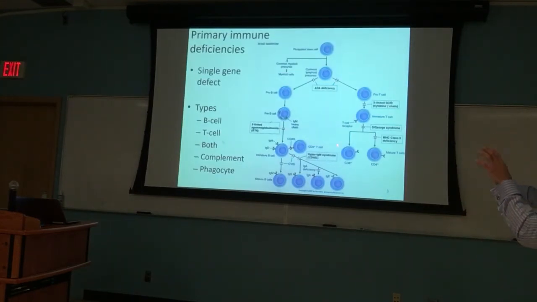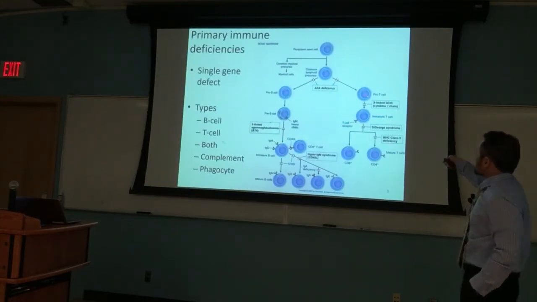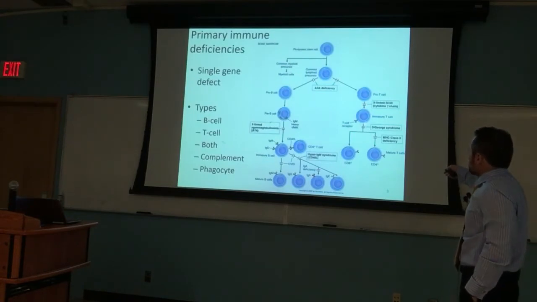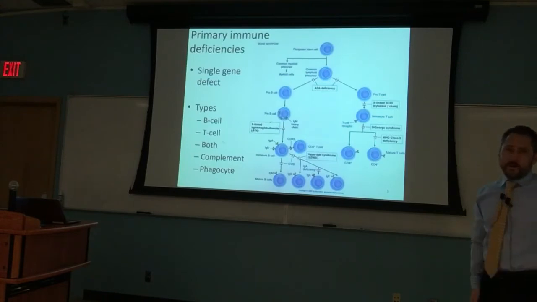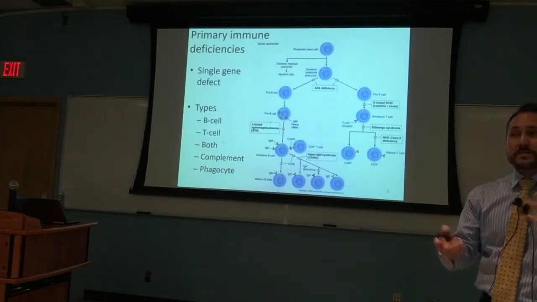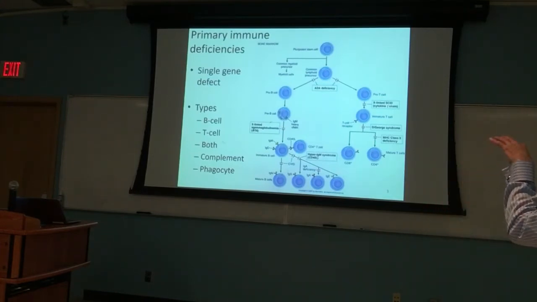This picture doesn't show the thymus, but this is where the thymus would be. Actually, no, this whole thing would be thymus. Pro-T cell, immature T cell, and it gives rise to either a CD8 or a CD4. So we know all this. So at first glance, it looked really scary, but now you know pretty much everything on the screen from an overview.